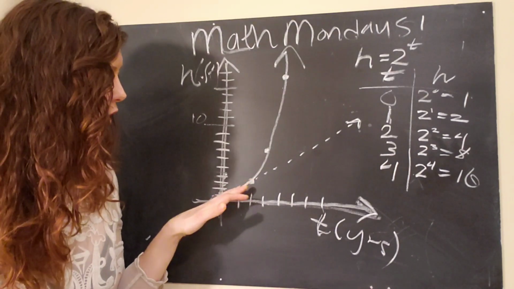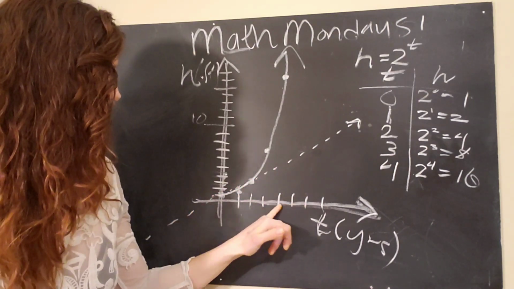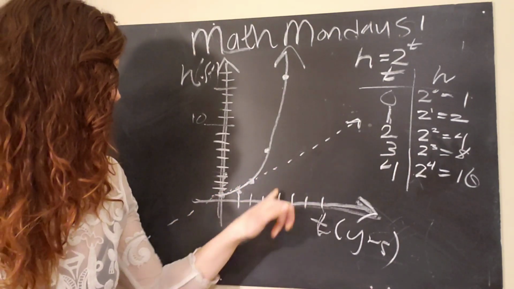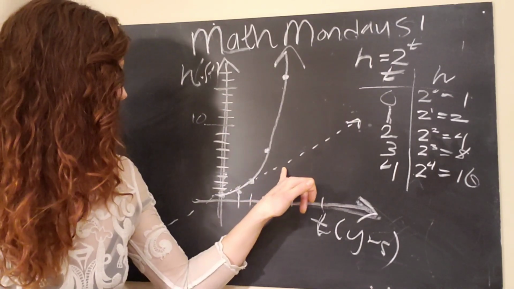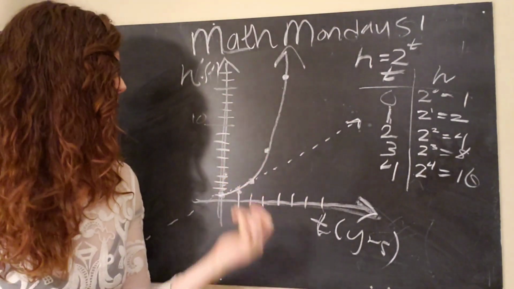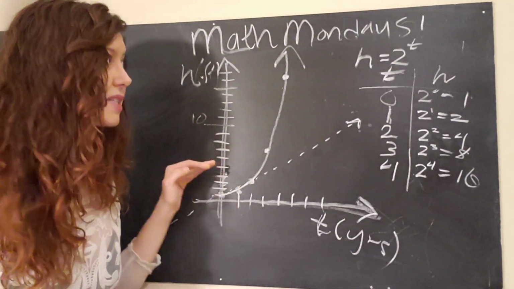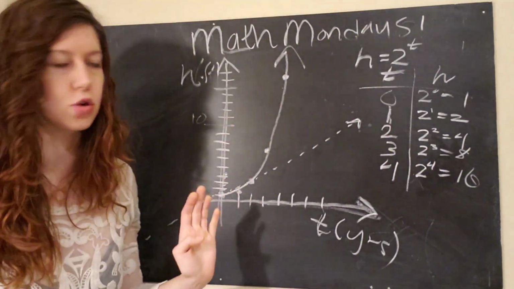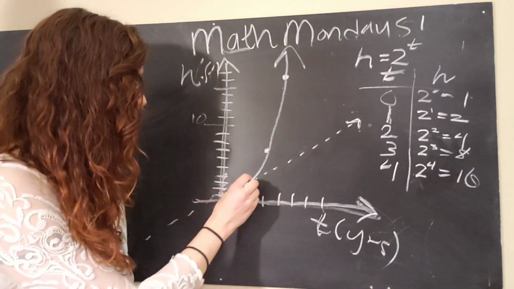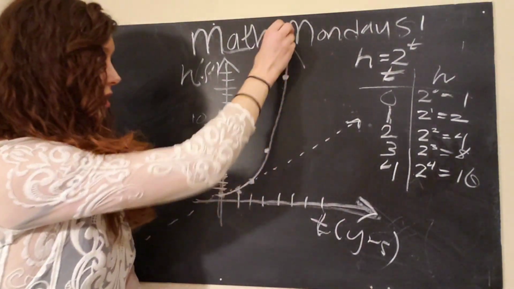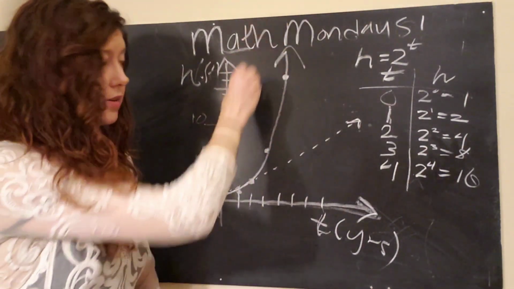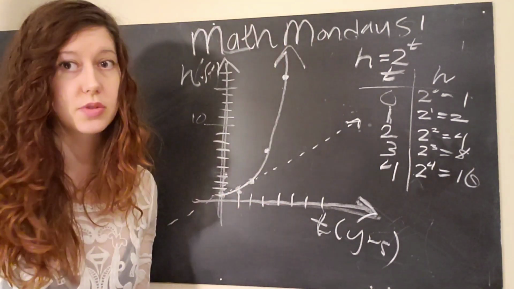So if we were to say by the time we're age 4, and we were to continue on this trend, maybe we would be 5 or 6 feet tall. But an exponential growth rate increases much faster than that. After the first few years, it really starts to take off. And this trend continues.